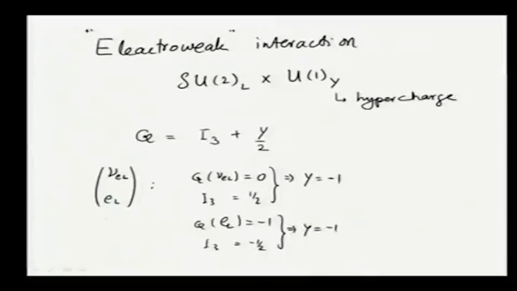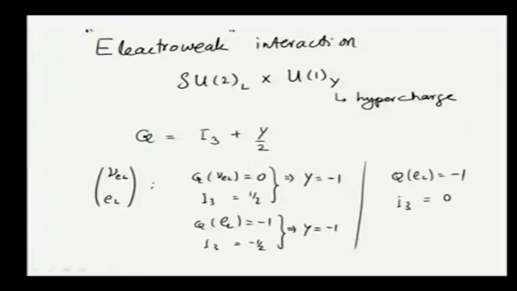So, that is always the case. This is because the multiplet has the same hypercharge, and whenever you change I3 by 1 unit, Q will be changing by 1 unit. What about the right handed electron? Charge is the same as minus 1.